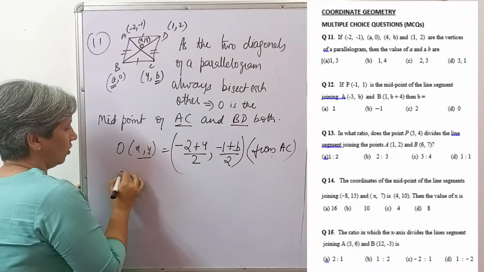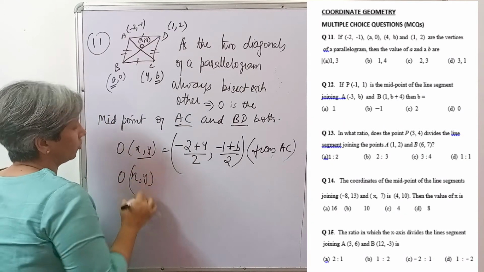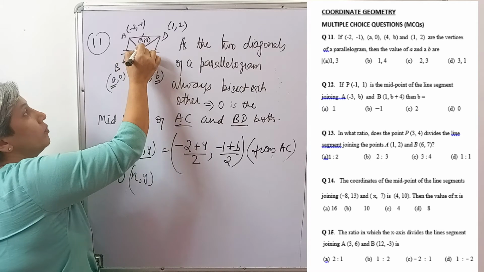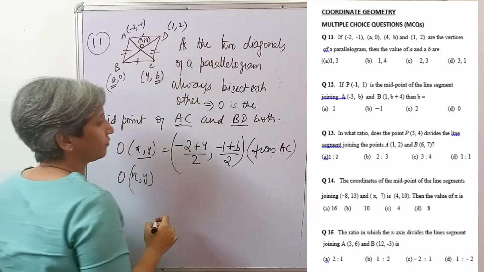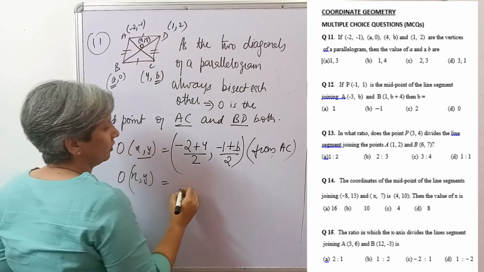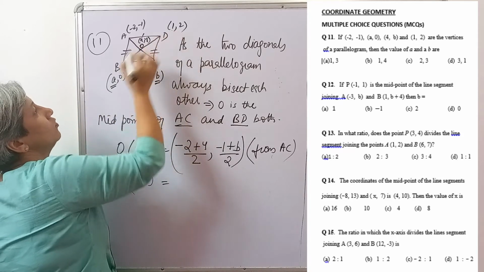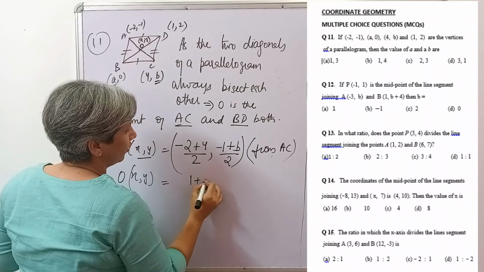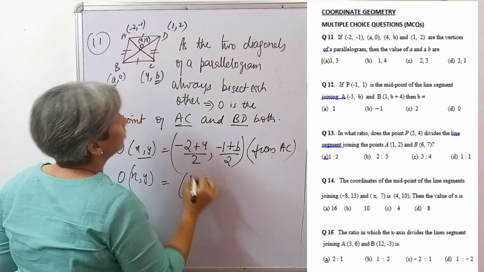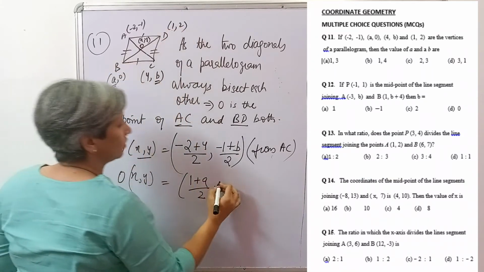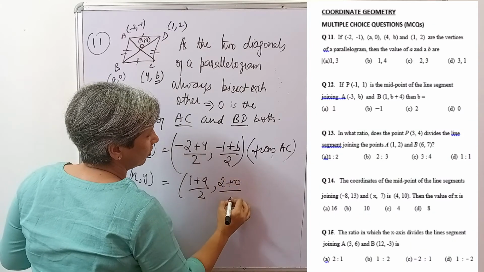Also, the midpoint of BD will be (x2 plus x1), (1 plus a) upon 2. Same way, (y2 plus y1), (2 plus 0) upon 2, from the midpoint of BD.